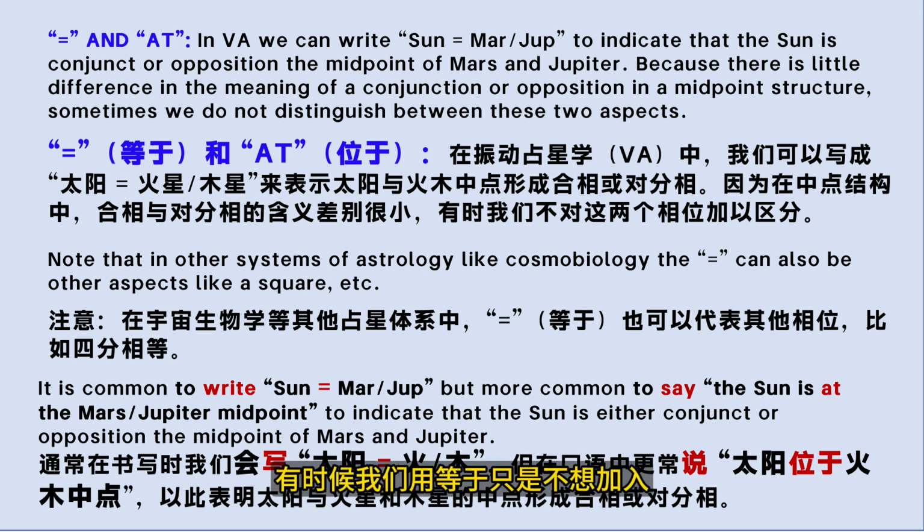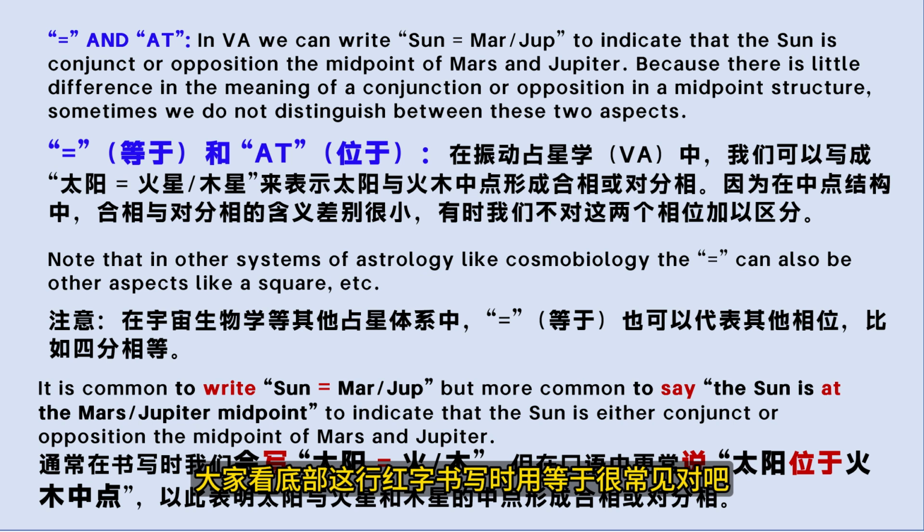And sometimes we use equals just because we don't want to throw in information that's distracting or not relating to what we're focusing on or trying to explain to somebody. So for whatever reason, you can use equals. It's very handy.